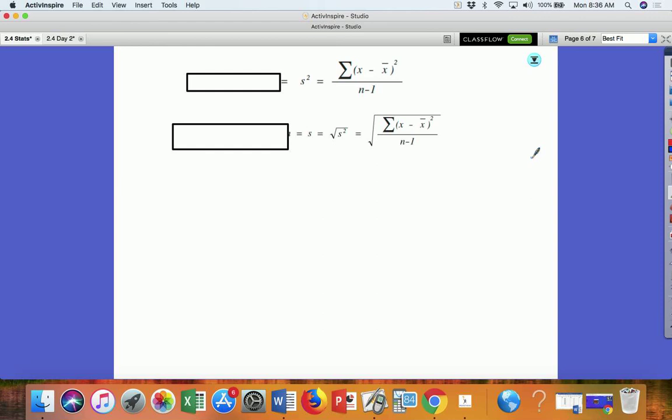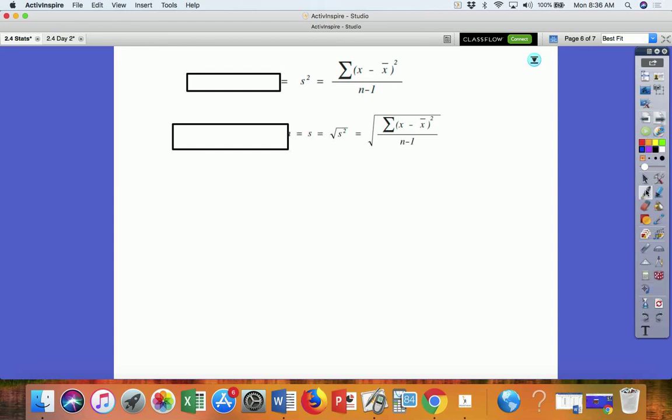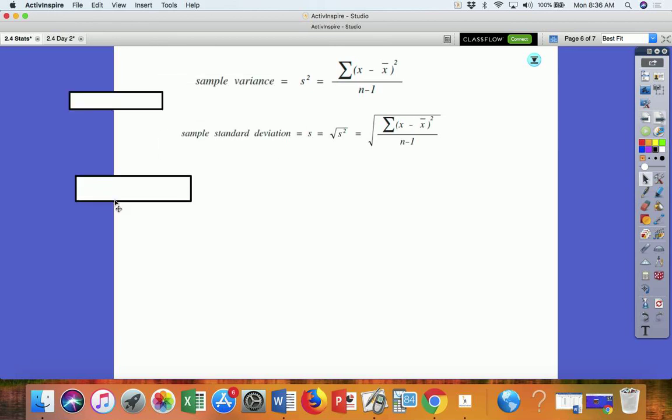Okay. Now, the problems that I give you today, what you're going to do is calculate the sample standard deviation. So that's what we're going to talk about now here. We're going to talk about the sample standard deviation. So if the data is from a sample, it is right here.